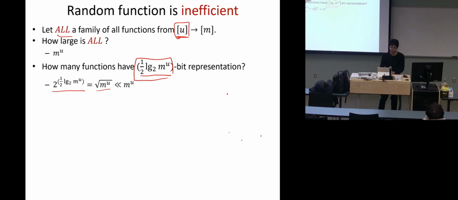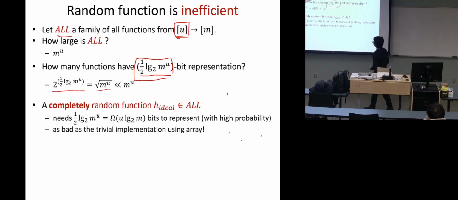It means that if you take a random function in this set, only a tiny amount of functions have at most this many bits of representation. So most of them will take this many bits of representation. Right?